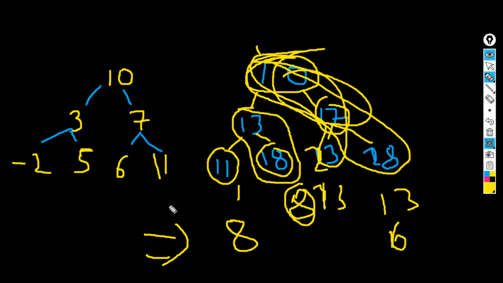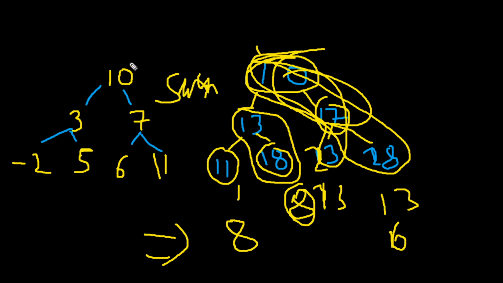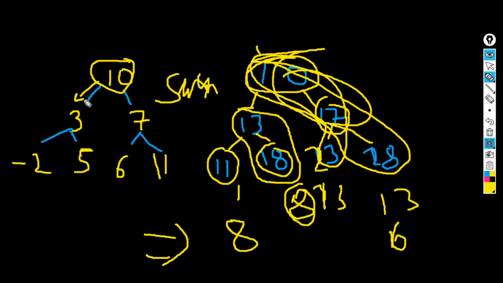In the solution I am also using a map, which will be helpful for hashing. In the solution I am not making a tree; I am using a variable sum which will store the current value, meaning 10 plus 3 it will store 13, 10 plus 7 it will store 17, so like this it will store all the values.